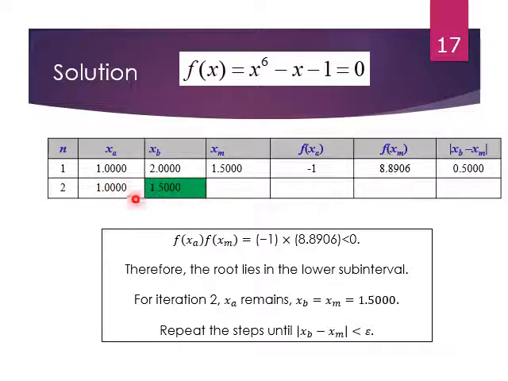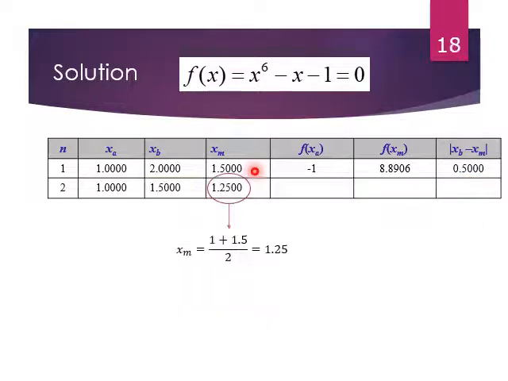So again, we do the same thing here. We're going to find the midpoint, evaluate the function at the point xa, evaluate the function at the point xm, and find the error. Now in the next iteration, iteration 2, we halve the interval: 1 plus 1.5 divided by 2 gives 1.25.